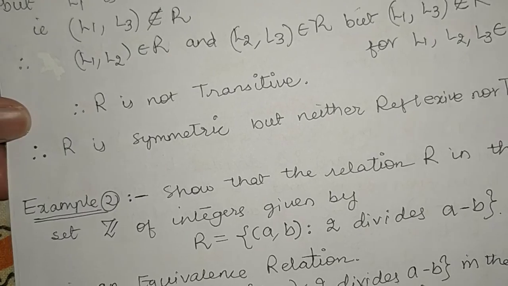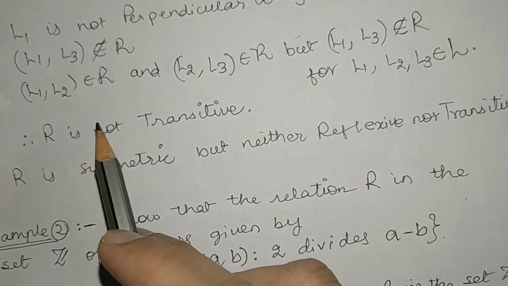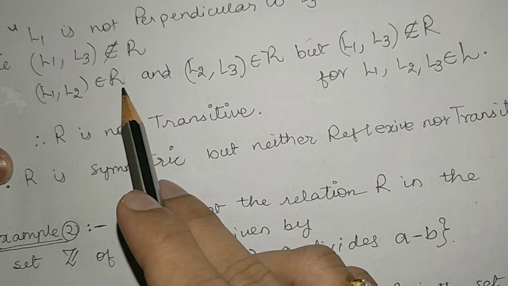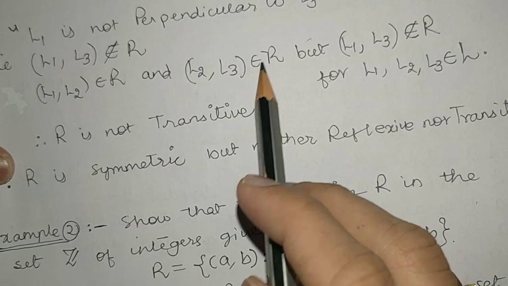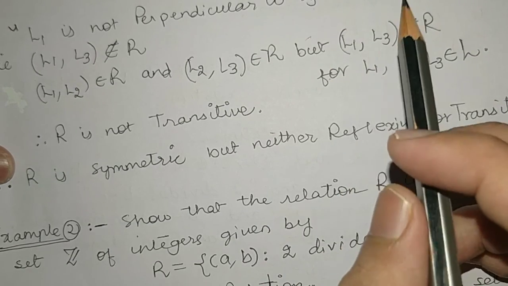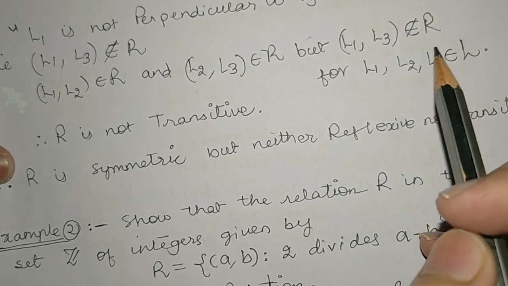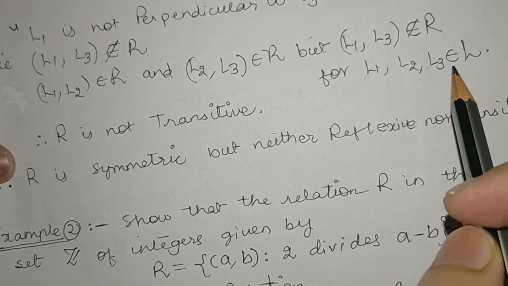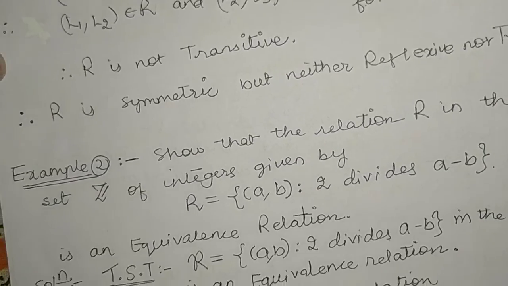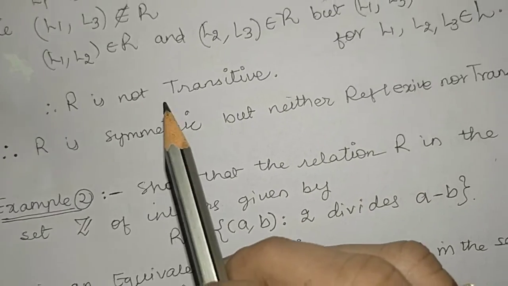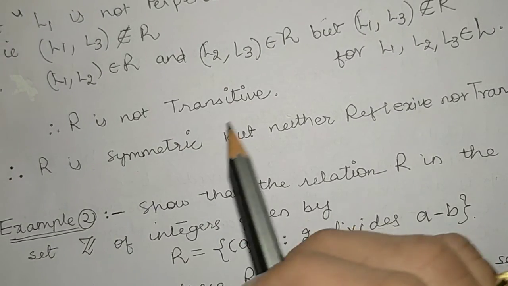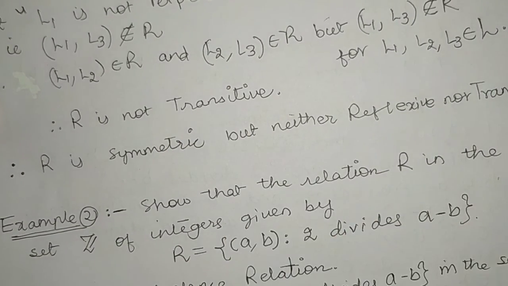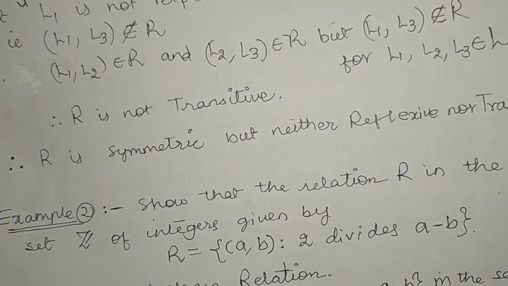So what we got: L1 comma L2 belongs to R and L2 comma L3 belongs to R, but L1 comma L3 doesn't belong to R, for L1, L2, L3 belonging to the set L. So therefore we conclude that R is not transitive, okay?